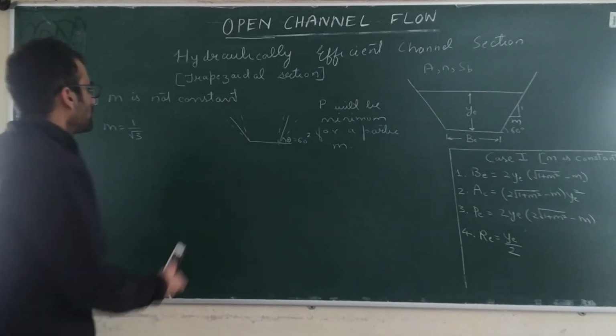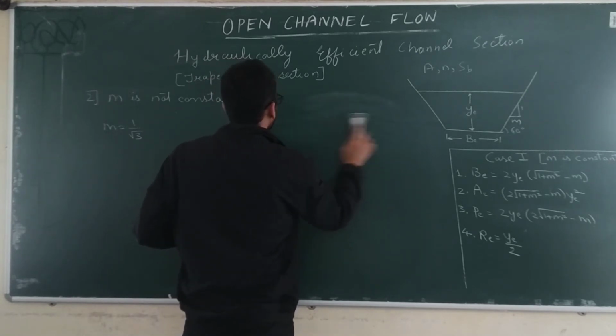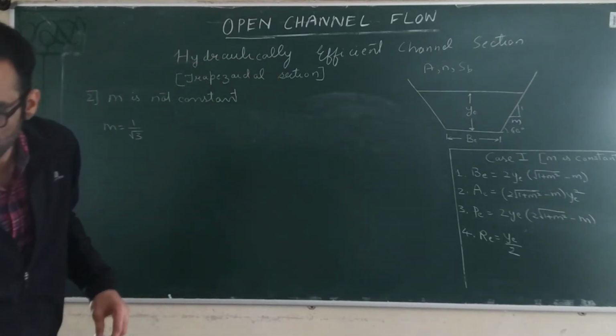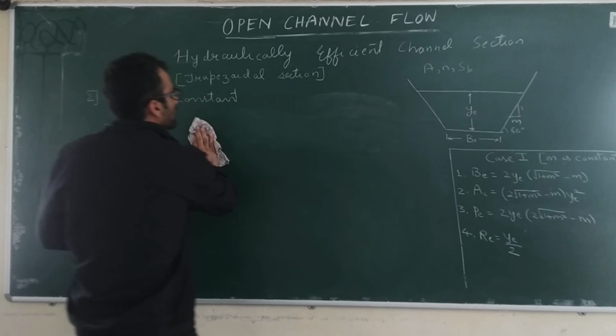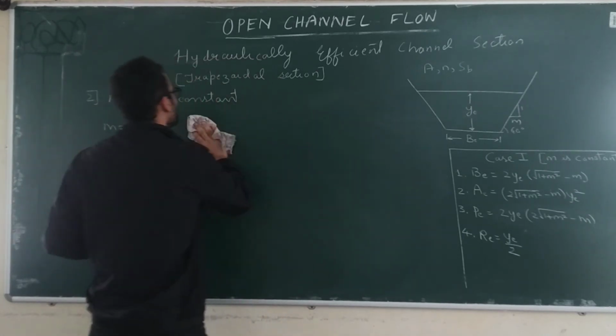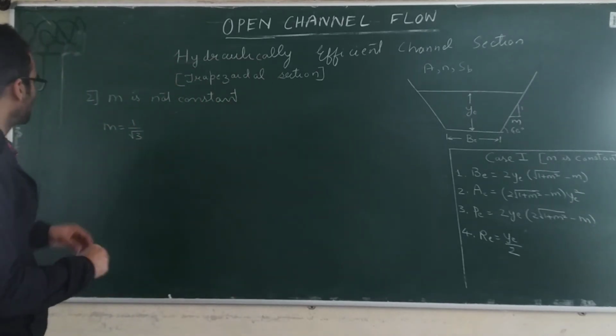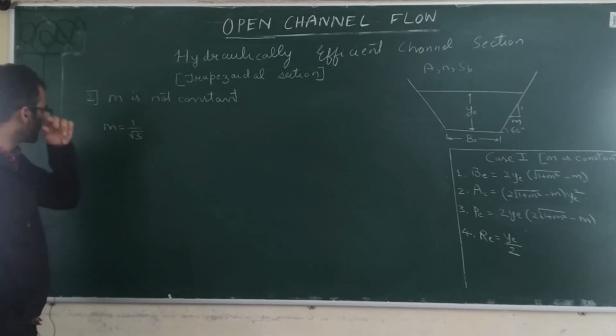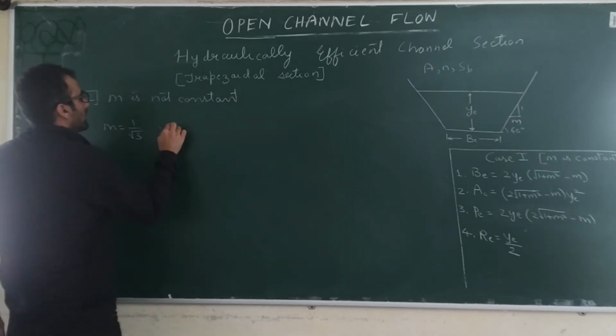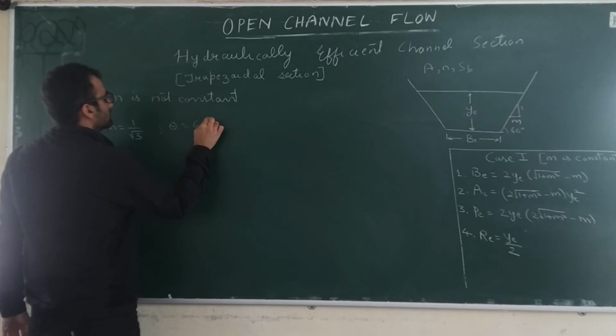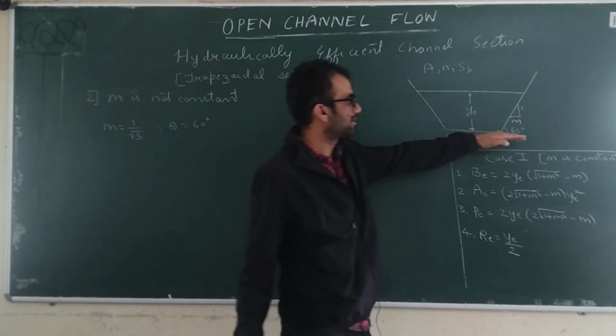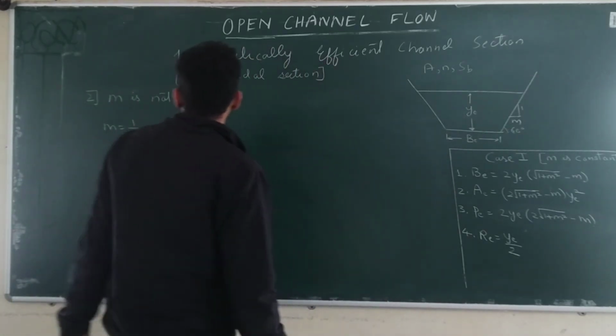So this is the criterion when you are allowed to change the side slope. Then you should take the side slope m as 1 by root 3, and the angle becomes 60 degrees.